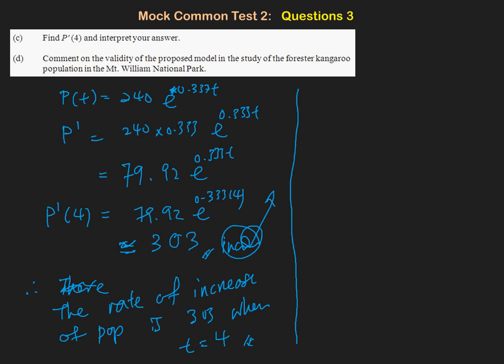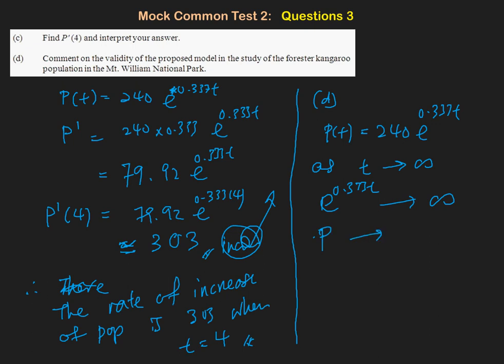We need to support our argument with a bit of mathematics. Look at this. P(t) is 240 e^(0.333t). Now I want to argue by saying that as t tends to infinity, e^(0.333t) would definitely tend to infinity. So P would therefore tend to infinity, and this is crazy.